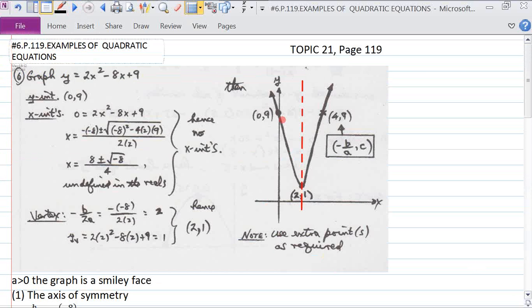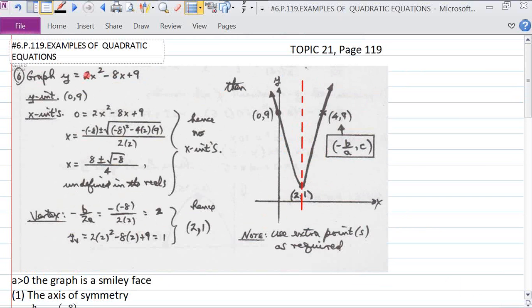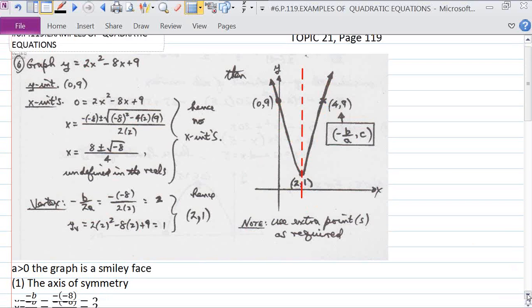So here, the last example, number 6, the equation is y equals 2x squared minus 8x plus 9. And again, because the coefficient of x squared is positive, a number greater than 0, the graph is going to be shaped like a smiley face. We're going to go through the normal steps.